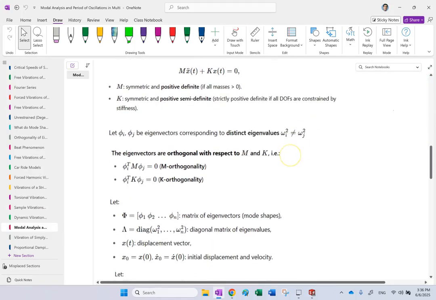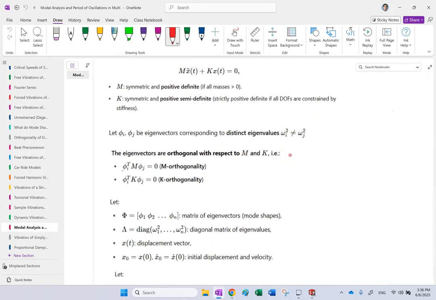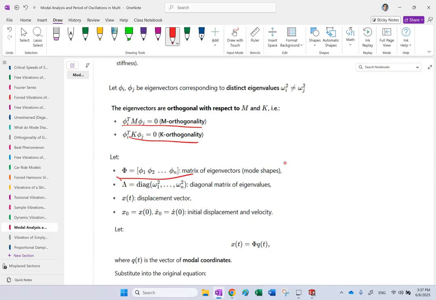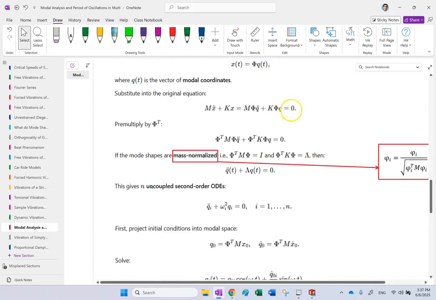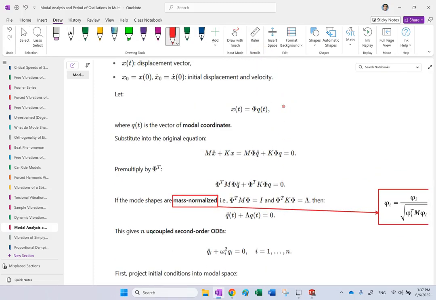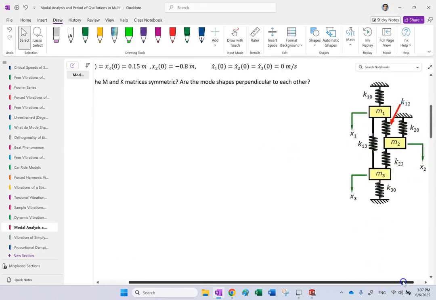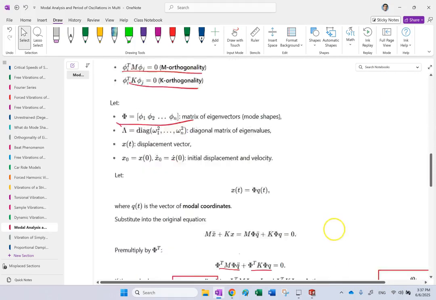here I use this orthogonality of mode shapes with respect to M and K, and by using the modal matrix and pre and post multiplying it by the M and K matrix, I could convert them into diagonal matrices, and these coupled ODEs that I had, for instance, in a system like this, because these springs couple these degrees of freedom together.